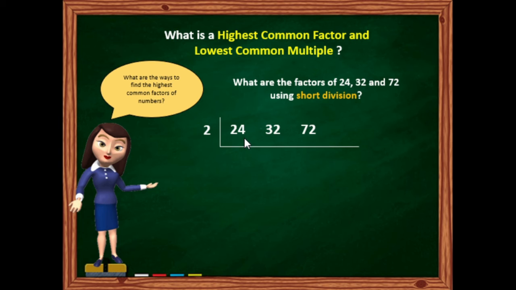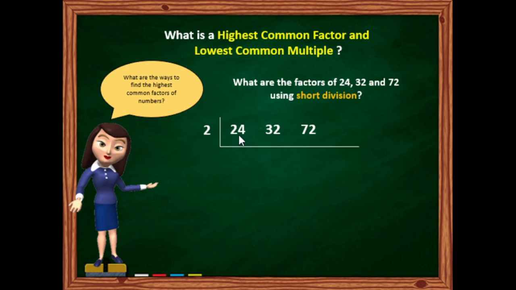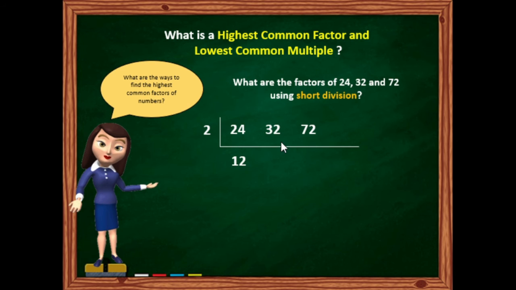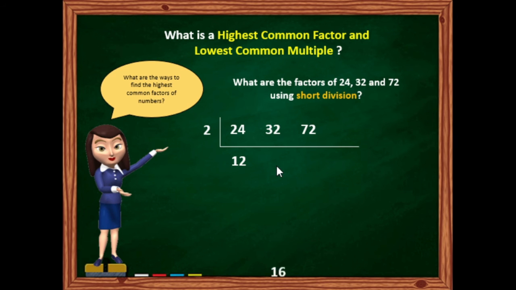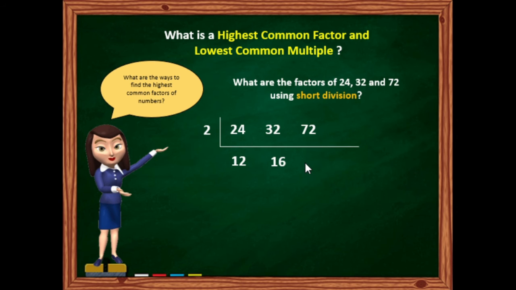Now, divide it one by one, starting with 24. 24 divided by 2, you get 12. 32 divided by 2 is 16. 72 divided by 2 is equal to 36.